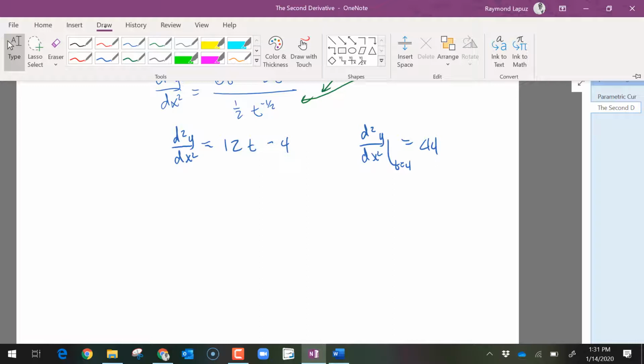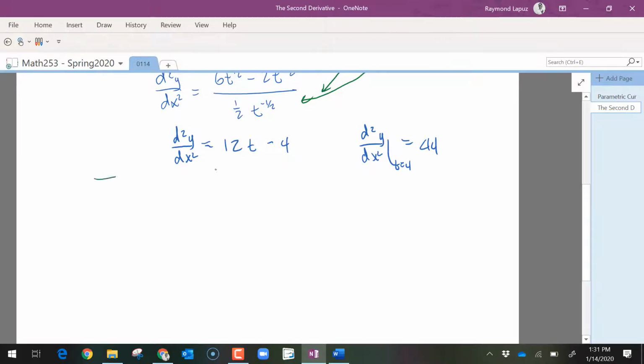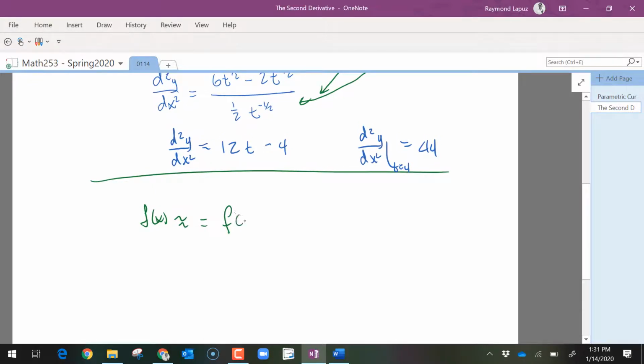Do you need to know it here? Nah. Just for fun. So Taylor polynomial says that your function can be approximately equal to the function evaluated at the point plus the derivative.